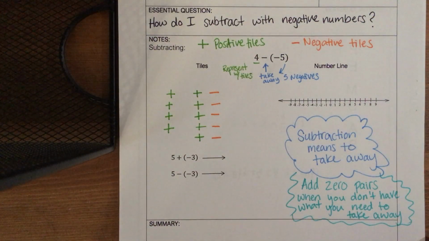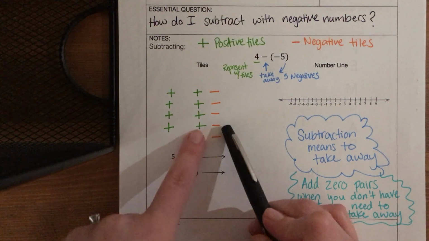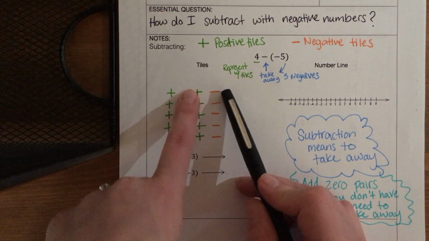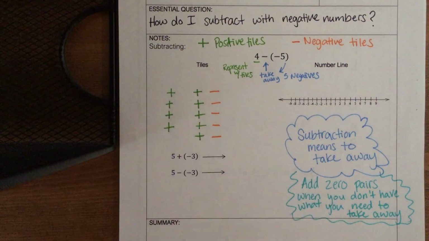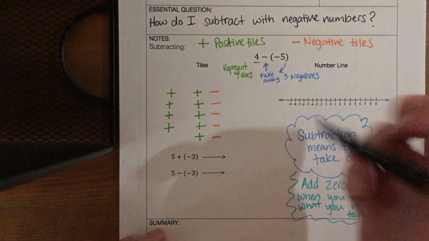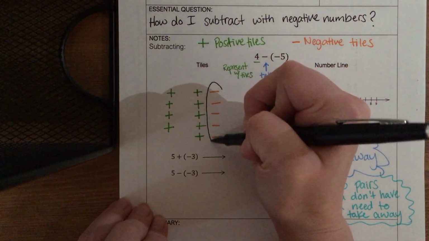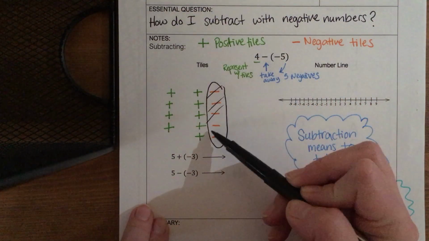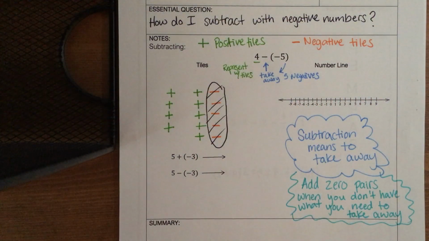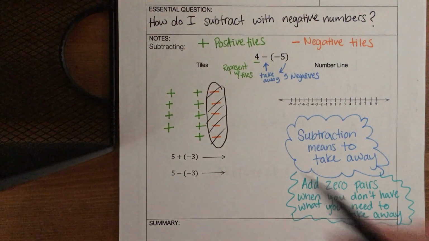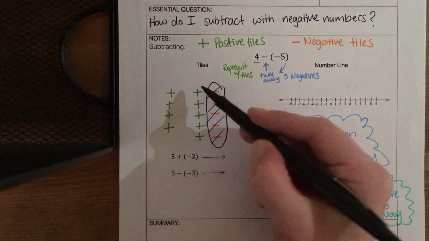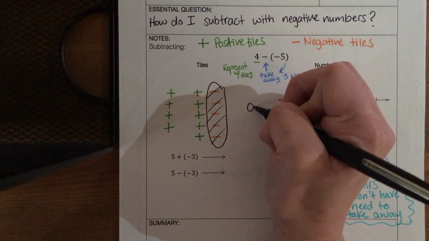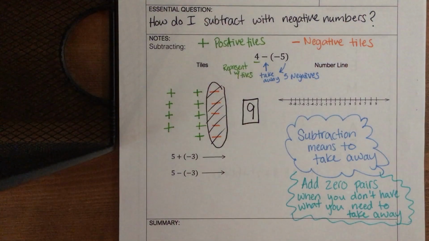So right now we have 0, 0, 0, 0, 0, 1, 2, 3, 4. So we have 4 positives altogether. We have 5 negatives that we can take away. So we're going to take away 1, 2, 3, 4, 5. And we are left with our 4 and our 5, or 9, left over that are positives.